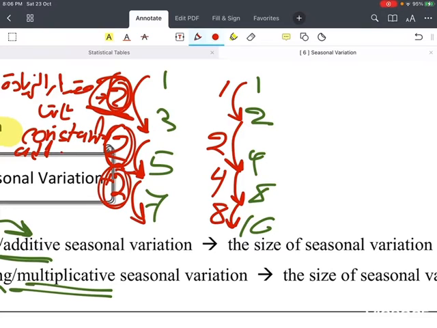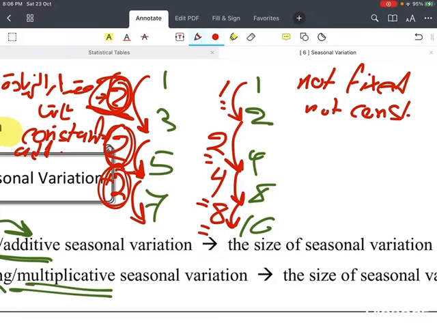At first I said 1, then it became 2, then 4, then 8. So it is not fixed, or simply not constant. It keeps increasing: from 1 to 2, from 2 to 4, from 4 to 8. So it is increasing.